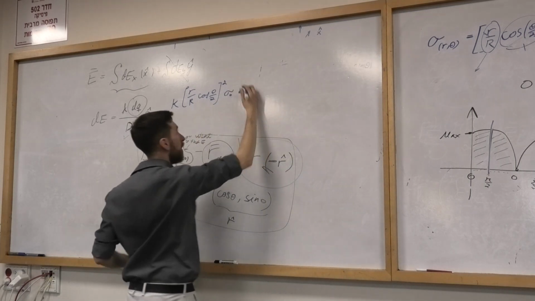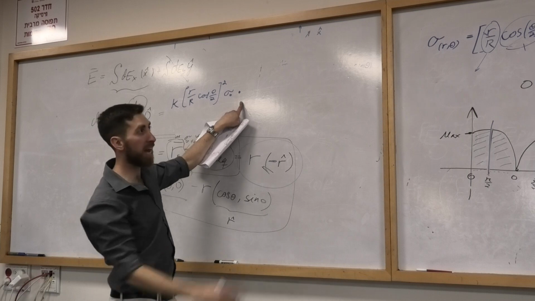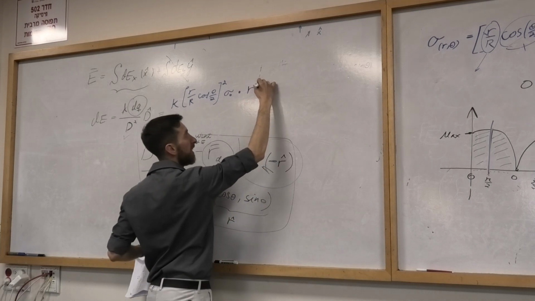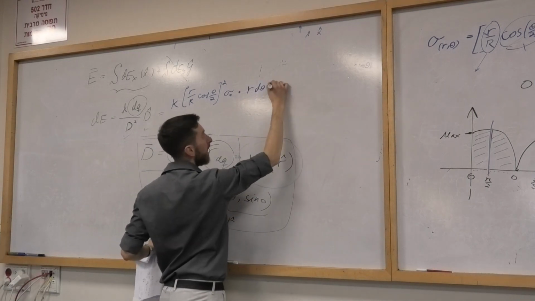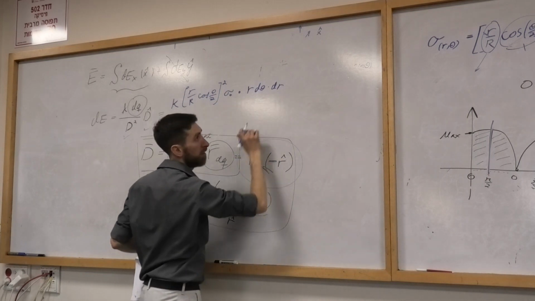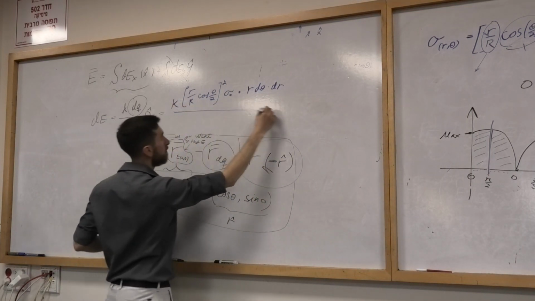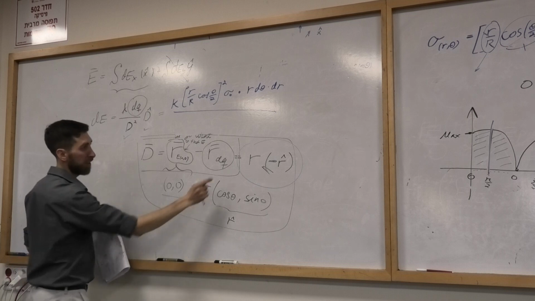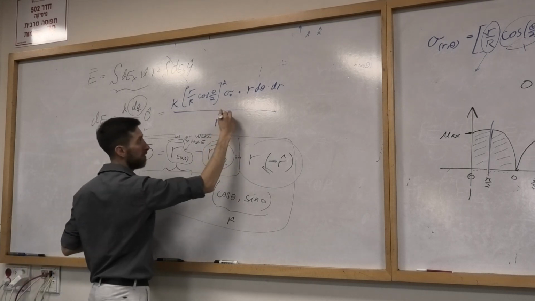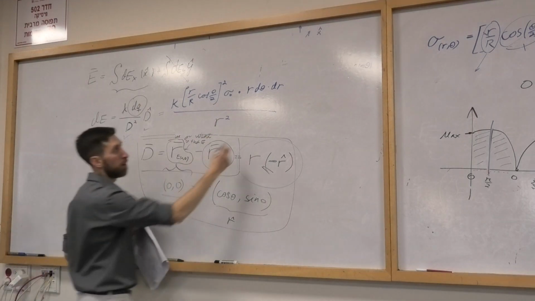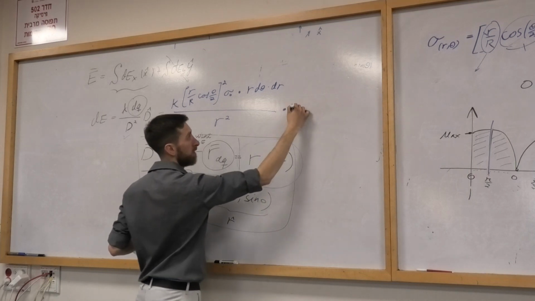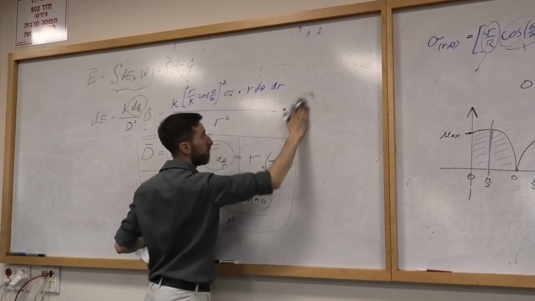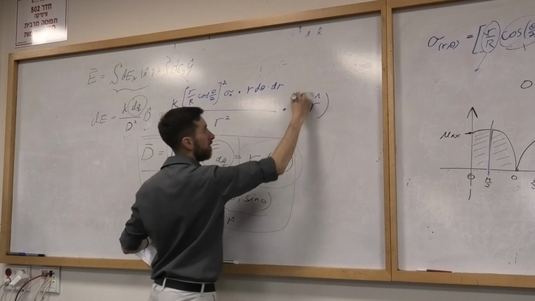Multiplied by dA. And dA is r dθ dr, agreed? Divided by this term, which is r squared, right? Multiplied by the direction, minus r hat, right?